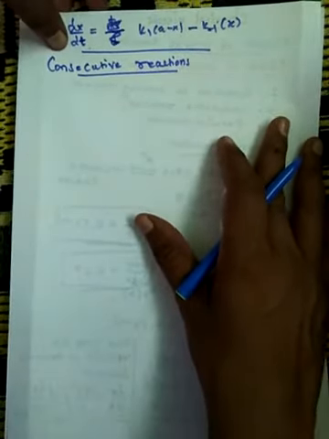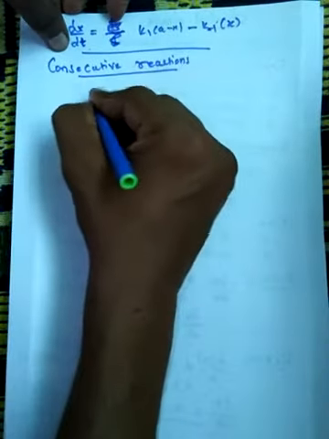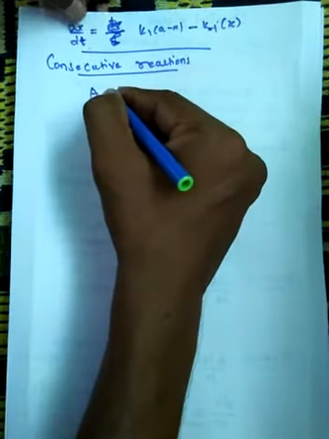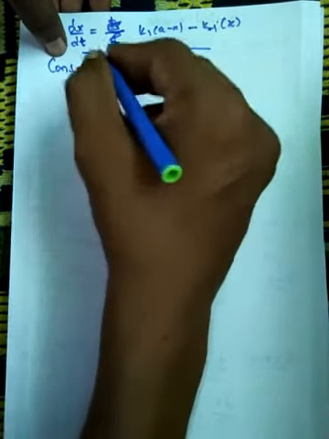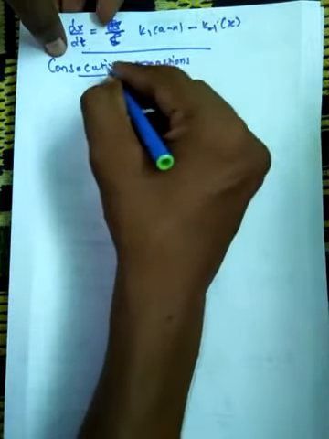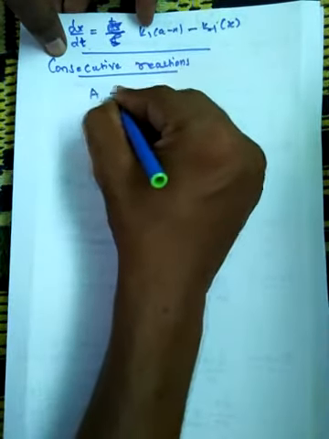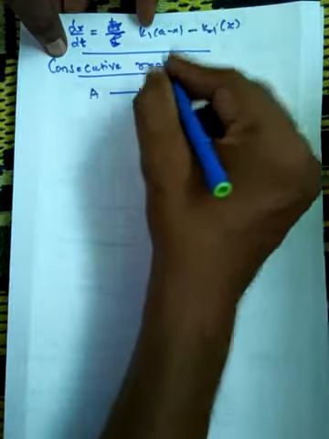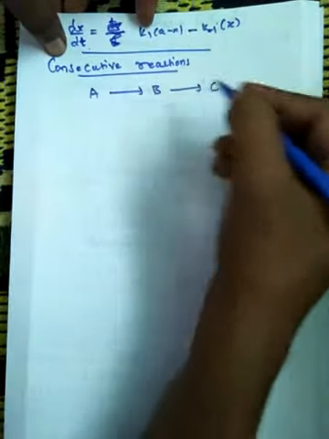Here you see consecutive reactions are multiple step reactions. A reaction involving multiple steps is an example of consecutive reactions. Let me say A is converted into B and B is converted into C. This is a consecutive reaction.